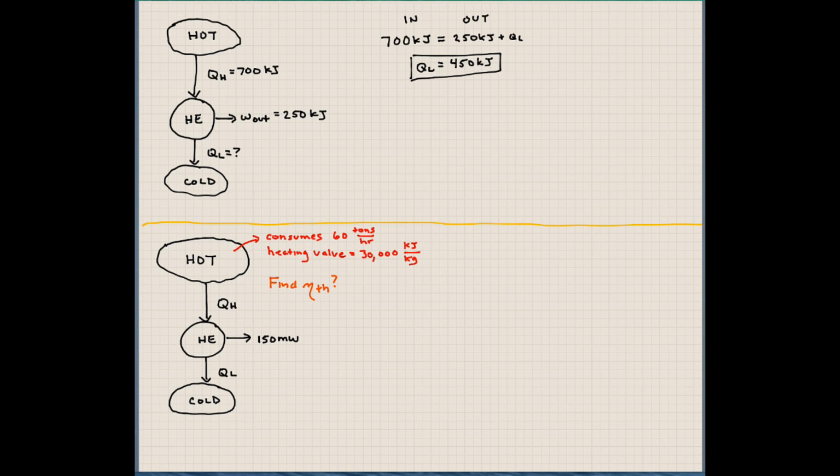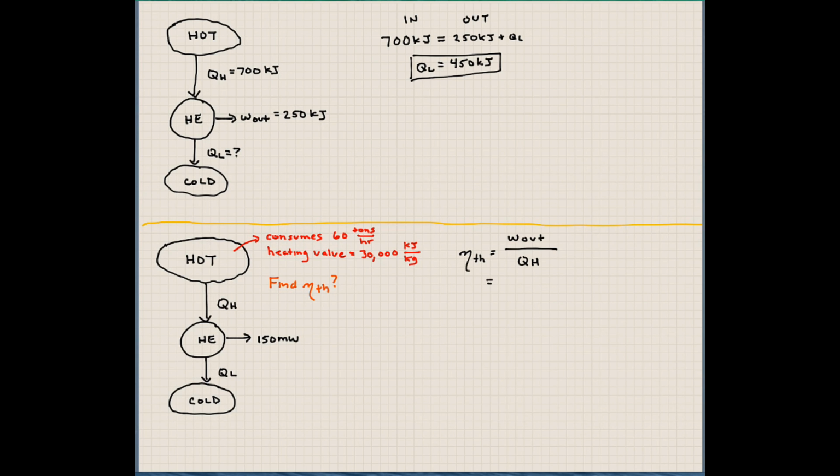So using the definition of thermal efficiency in your text, we're just going to say that thermal efficiency is the work output of this heat engine, which is our power plant, divided by QH. So that's just the basic definition of the thermal efficiency of our heat engine, okay?